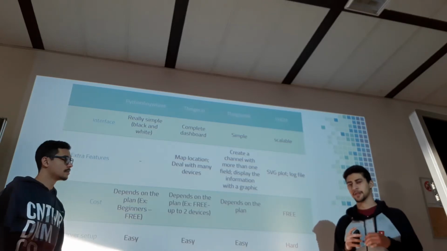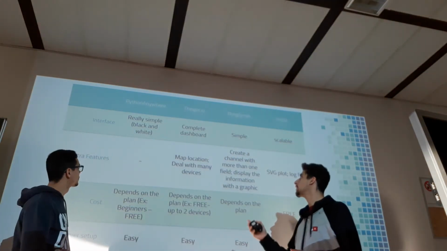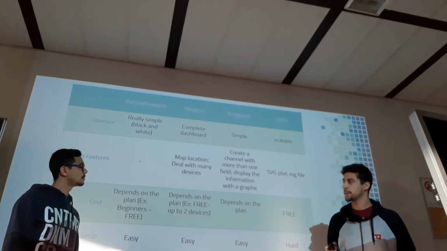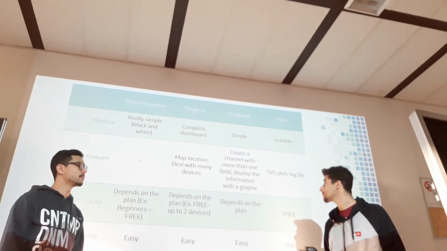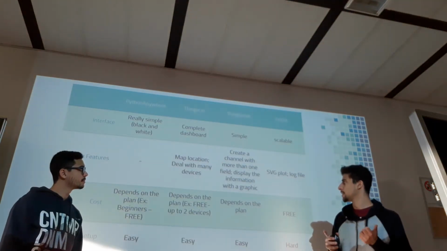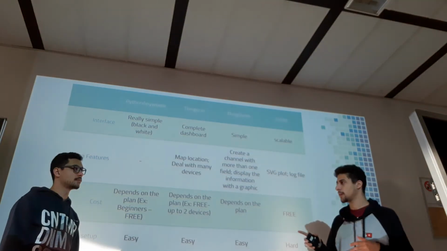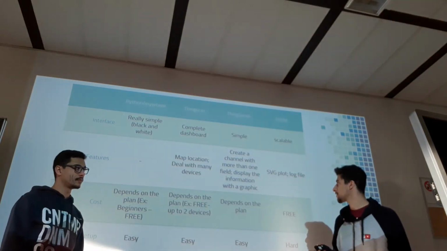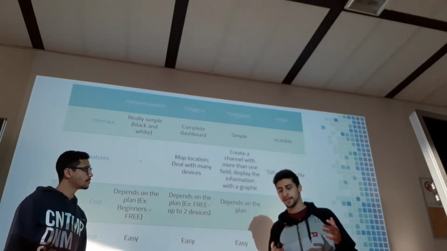Python Anywhere, as I said, is simple, it has no extra features at all. ThinkSpeak, it has the map location, you can deal with many devices, not only one. The ThinkSpeak, you can create a channel, you can add more than one measurement in the same channel, and you can display the information with a graphic.